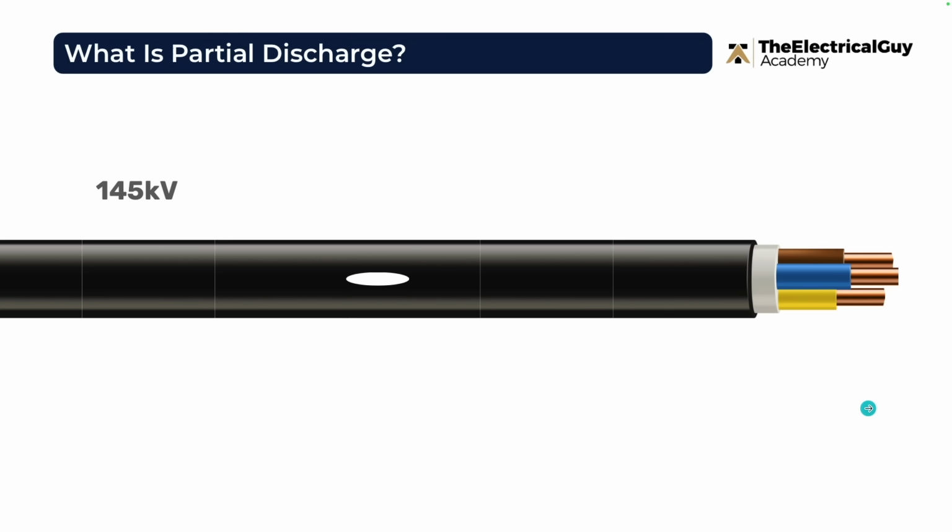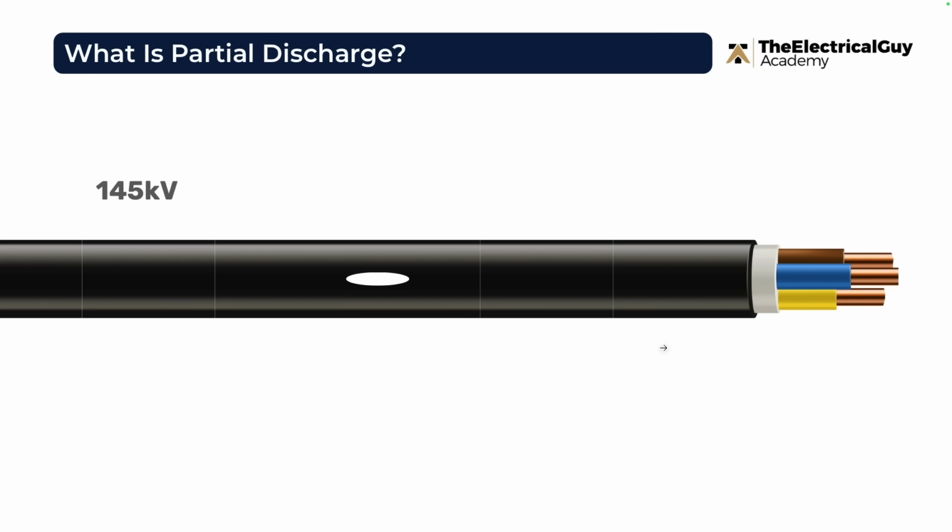Now the same situation also occurs in electrical systems. Let me actually show that to you. Imagine we have a 145 kV cable, and on that cable you can see this black portion is the insulation. Now of course this cable is under electrical stress, but due to manufacturing defects in the insulation, we have some voids or, let's say, impurities.